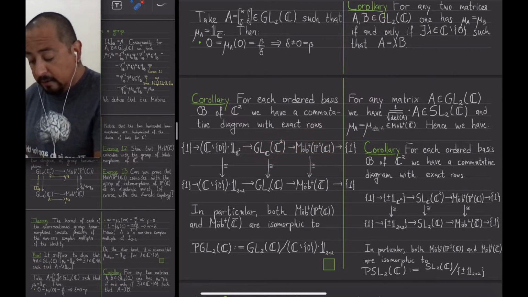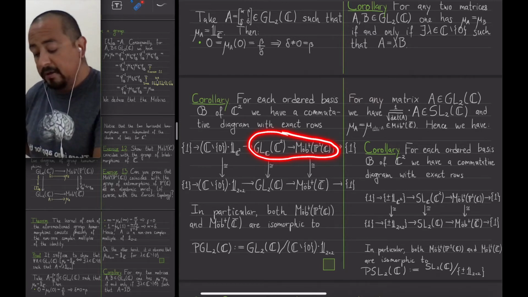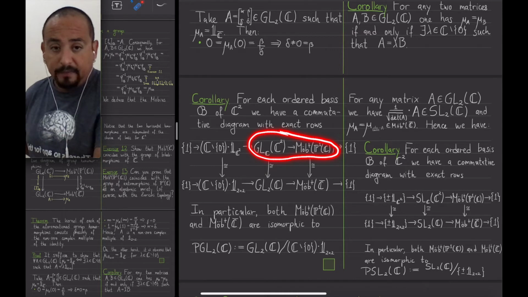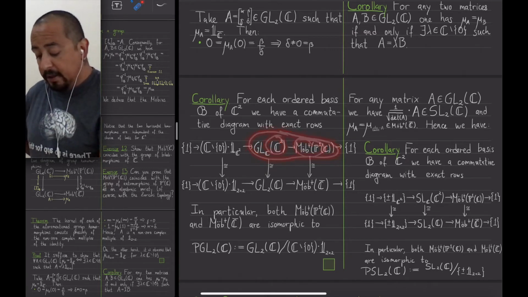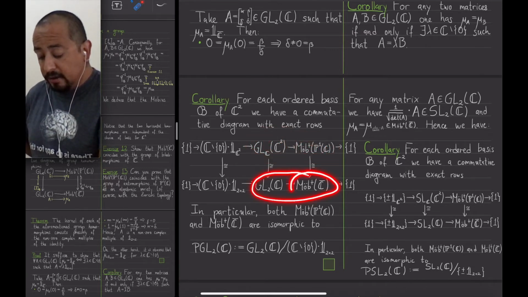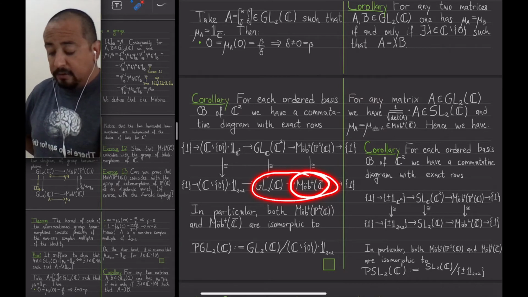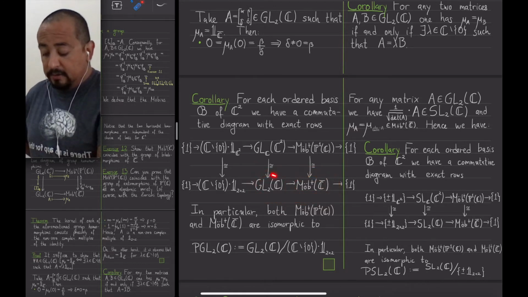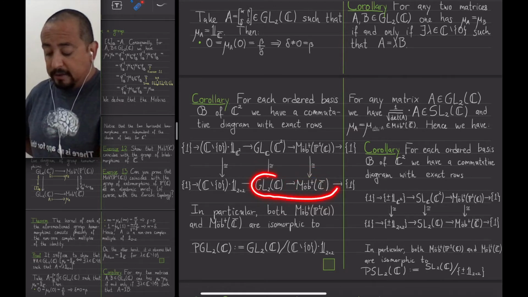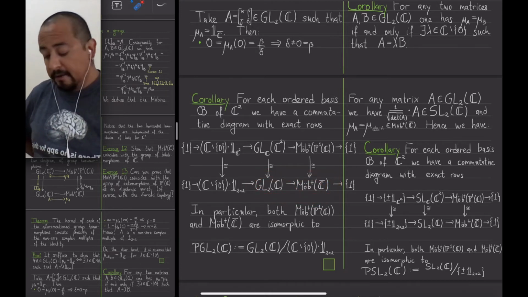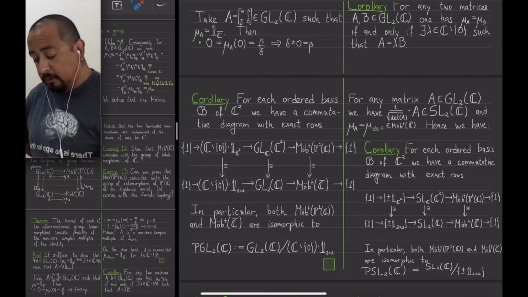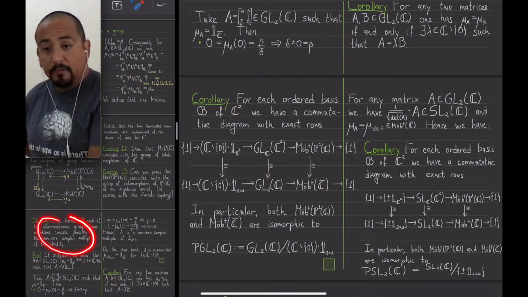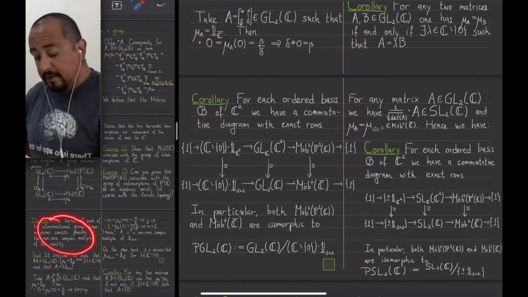So of course, the function that to each bijective linear transformation associates its shadow is surjective, right? Everything is the shadow of something.